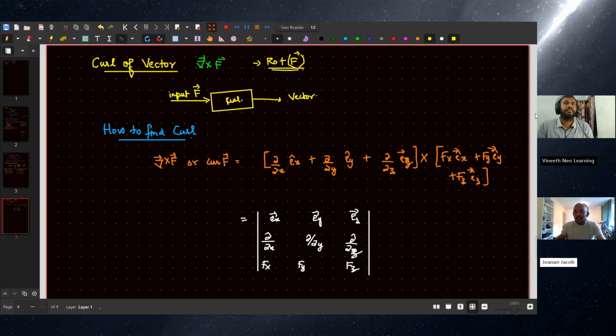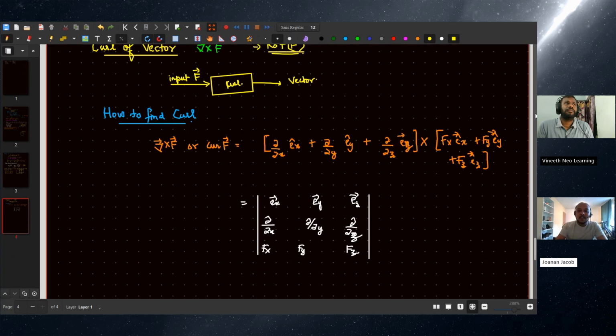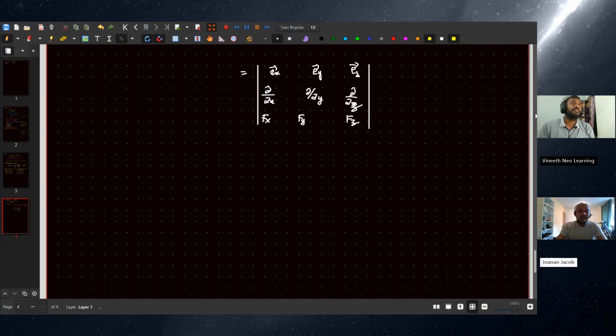In order to understand that, we are going to define the curl of a vector, just like before, in an integral form. It's a pretty complicated definition, but I will give you the physical meaning.